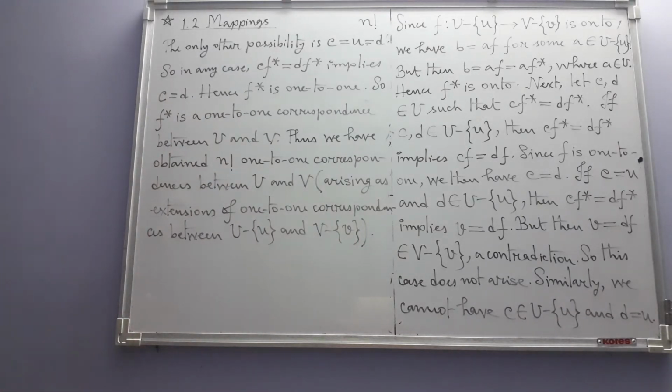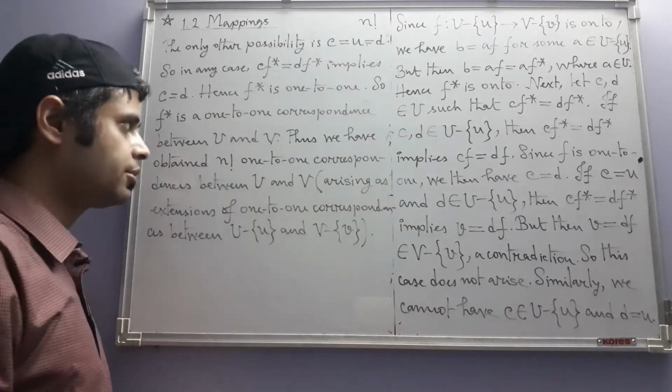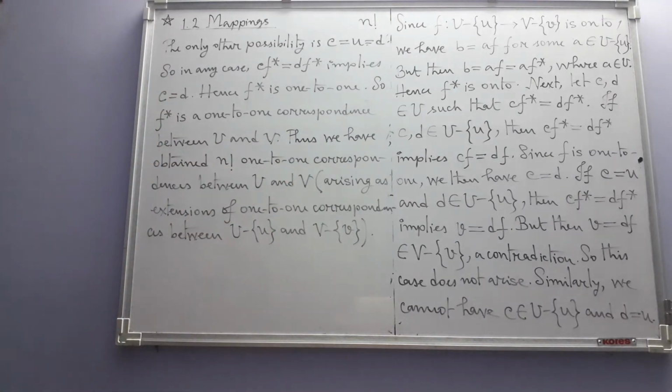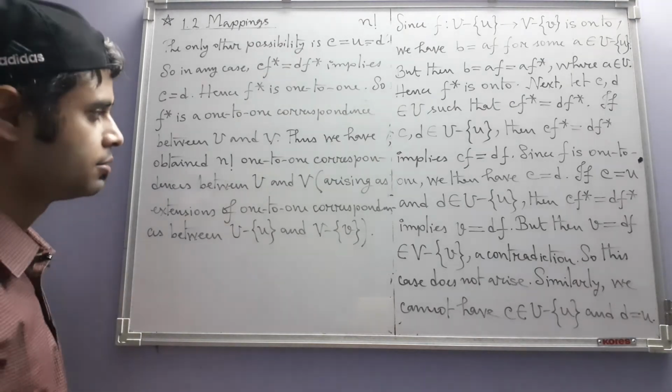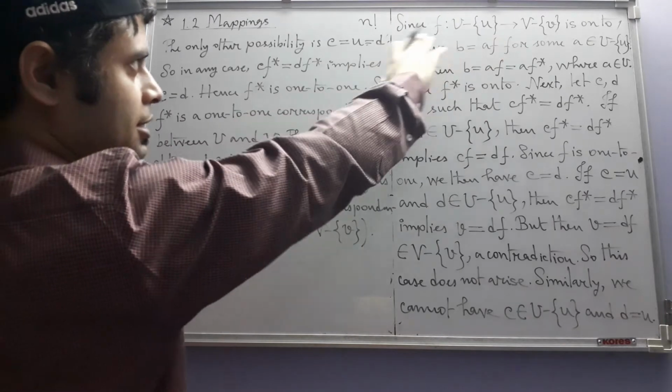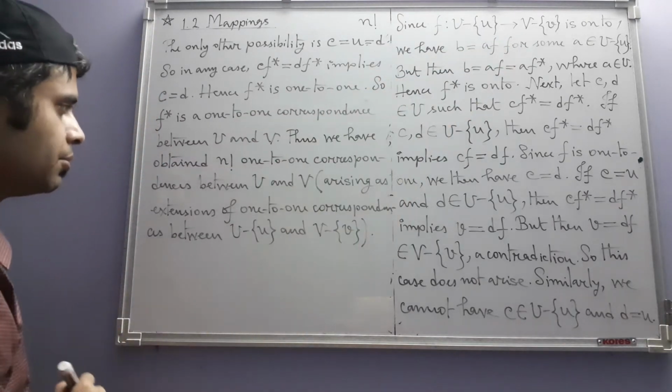Okay, but these n factorial 1-to-1 correspondences between U and V may not be all. There may be more. We don't know. These have arisen from such functions, but there may be more.